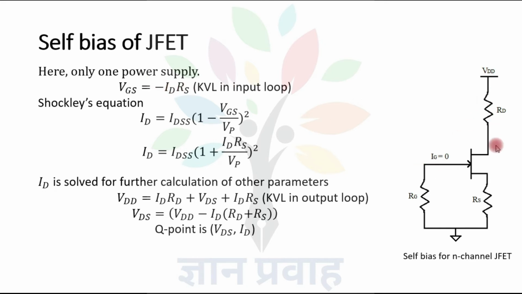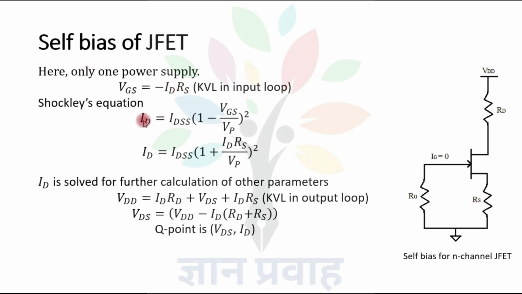In case of FET, ID always equal to IS, because ID is nothing, it is drain current which is flowing between drain to source terminal. So ID always equal to IS. So here VGS equal to minus ID RS, that is here.